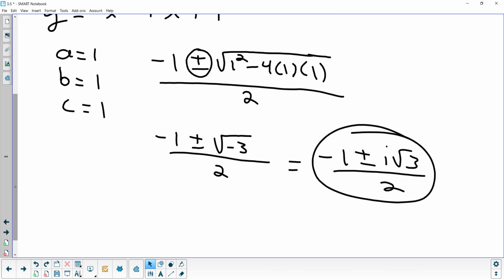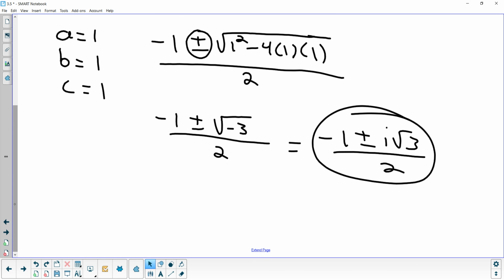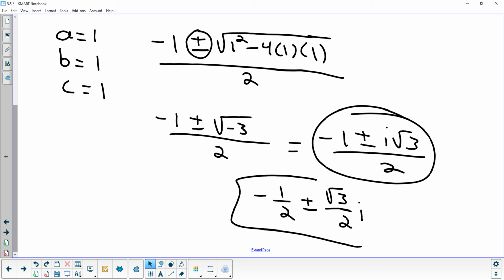If they said to write it in standard form, your real part is negative 1/2, and your imaginary part is root 3 over 2 i. Either way, that's the same answer. Notice here it's a fraction, and I put the i in the middle, and I mentioned a little bit about that earlier. Okay, and we're done.